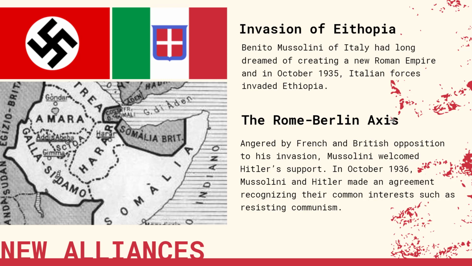Because he was so annoyed by the reaction of France and Britain, but supported by Hitler, the two of them started to connect over common interests, which is resisting communism. Both were very anti-communist, so they formed the Rome-Berlin Axis, their pledge to suppress or resist communism moving into their countries and territories as much as possible.